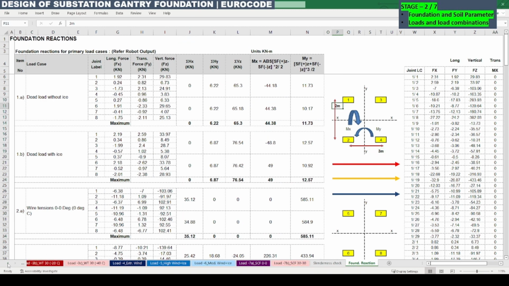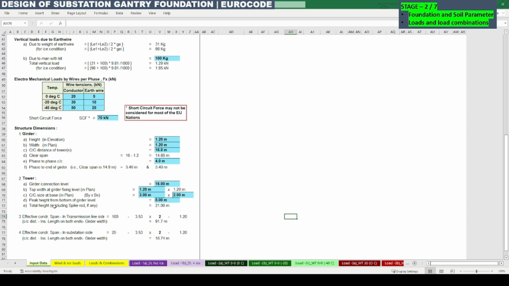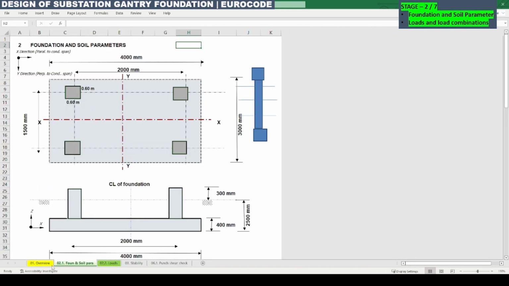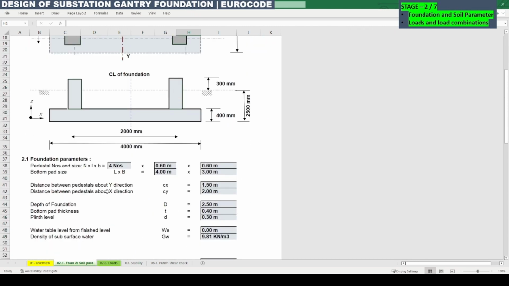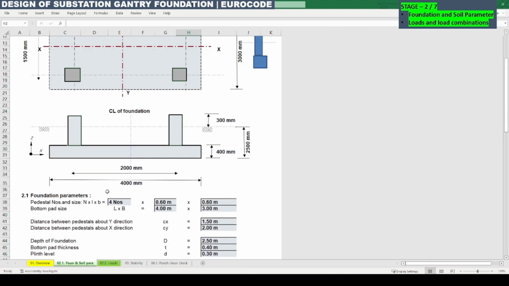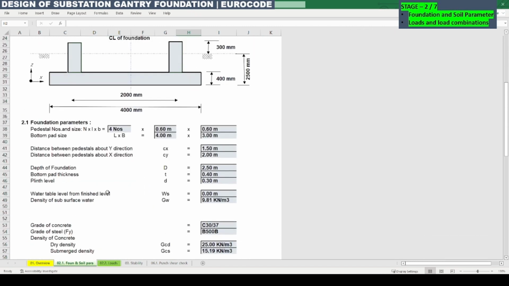Here you can see that the structural model which we prepared at an earlier stage has the center to center distance as 3 meter by 2 meter, but in our foundation parameter calculation we had considered 1.5 by 2. So this we need to change to 2 by 3.